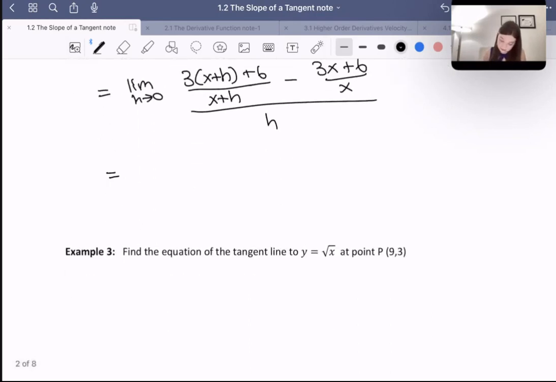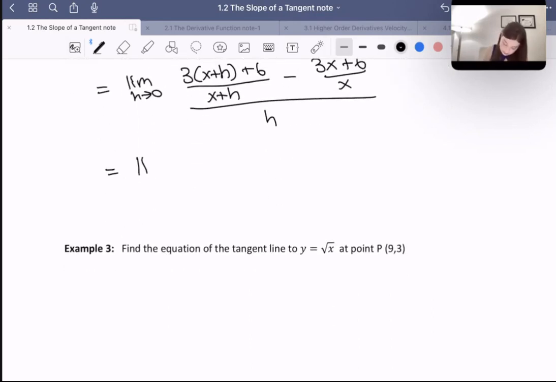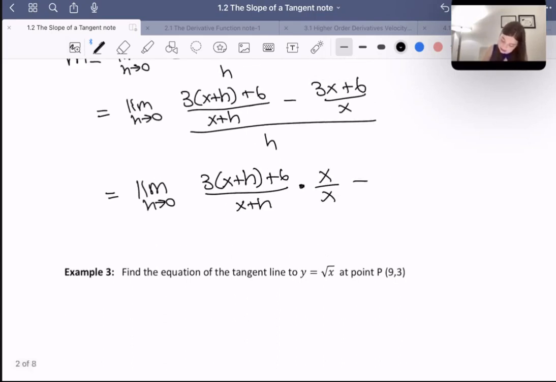So I'm going to do that. I'm going to multiply the first fraction by x over x, and then the second fraction I'm going to multiply by x plus h over x plus h, like that.